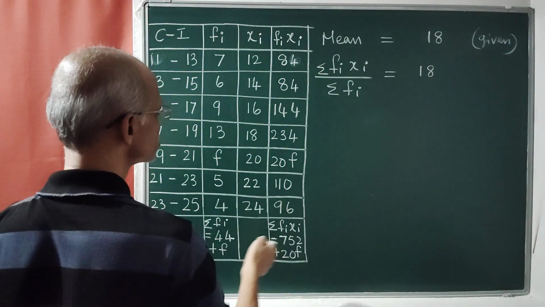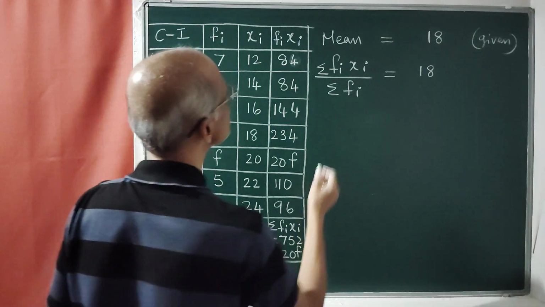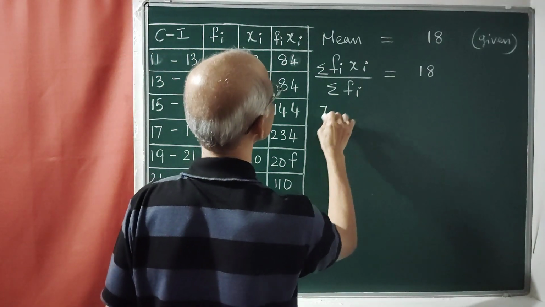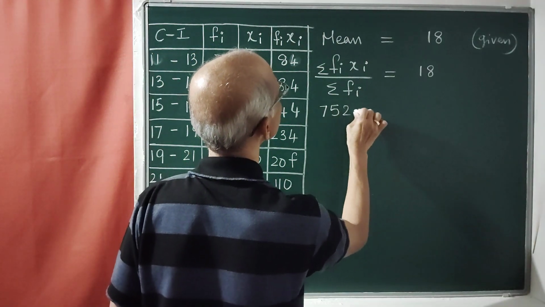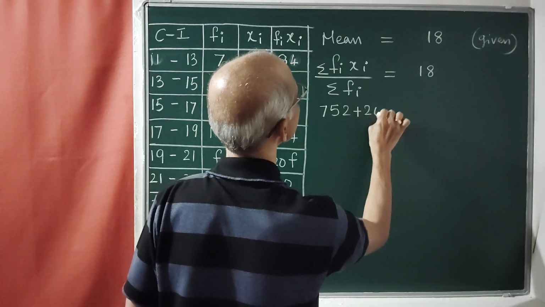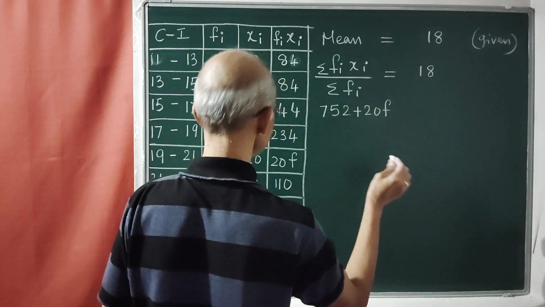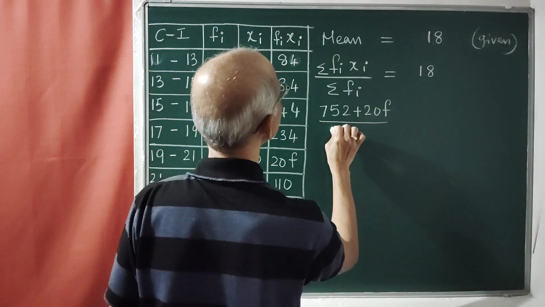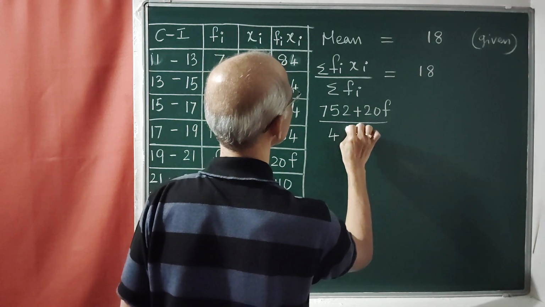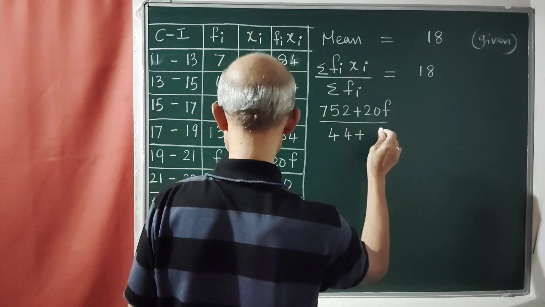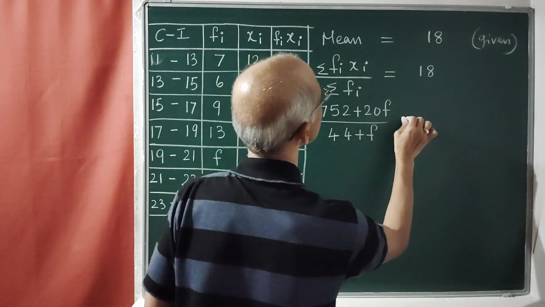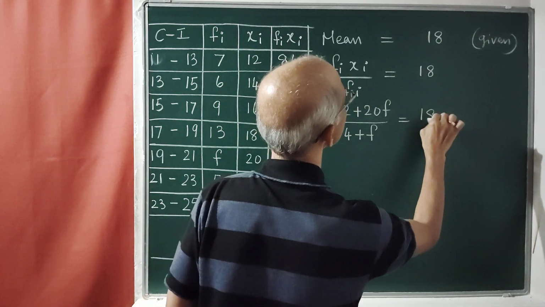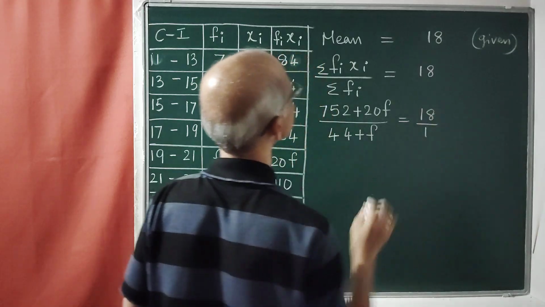So this sigma fi xi is 752 plus 20f divided by 44 plus f is equal to 18 by 1.